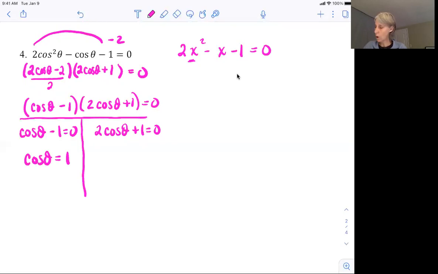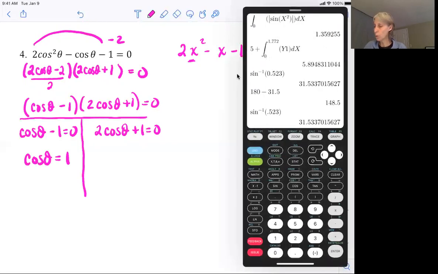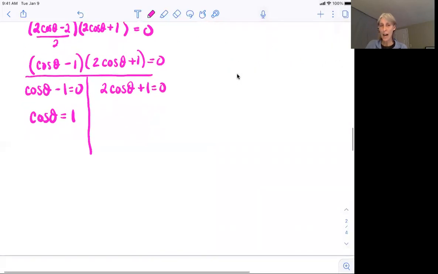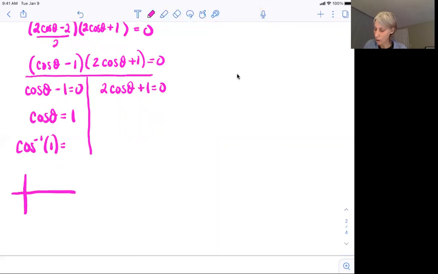You can always use your calculator if you want, but be very careful. When I'm dealing with a situation like this, and I know my function value is 0 or 1, I actually go to my curve itself. I find this to be a little bit easier of a method.